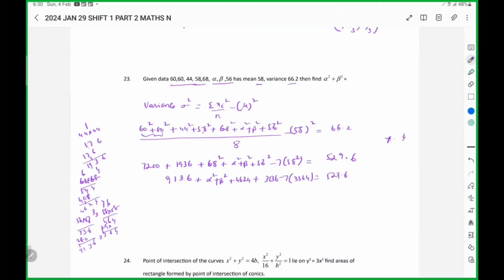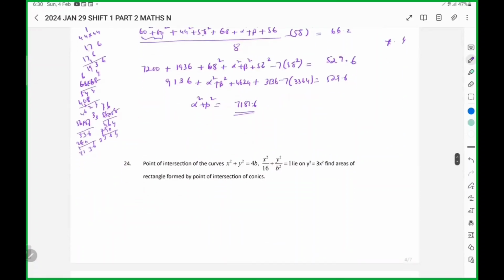Here, after simplification, we get alpha square plus beta square around the answer. So that simplification is left to you.